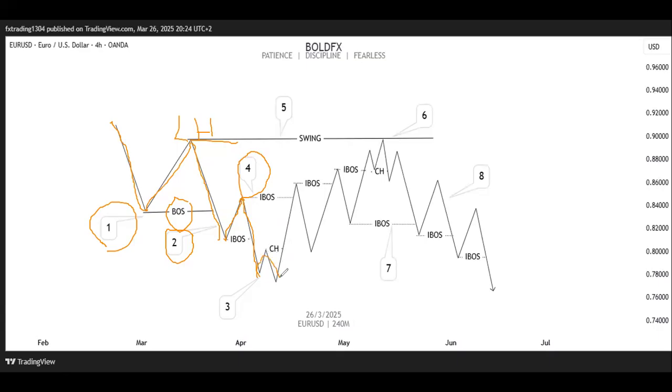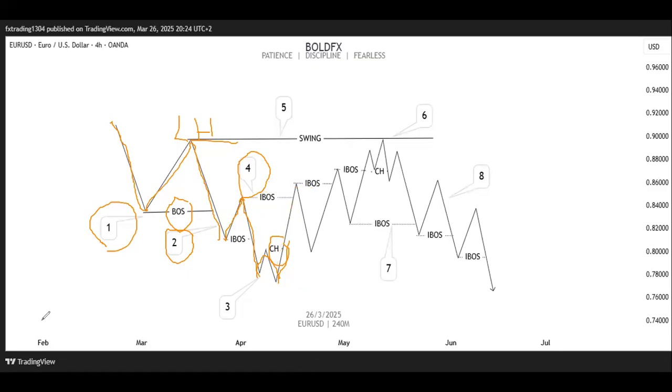After this change of character, remember, this only signals an internal starting. This only signals an early sign of a swing pullback that may be starting. So after you get your change of character, it breaks structure, which simply means that now this becomes your strong internal swing structure, and this becomes your weak internal swing structure.